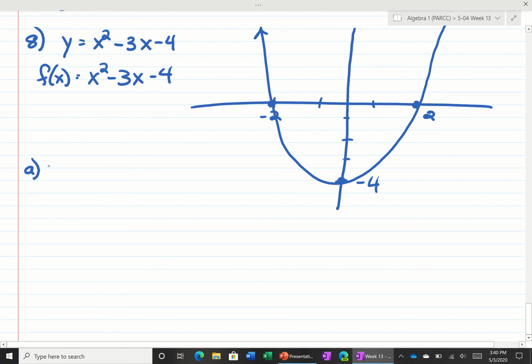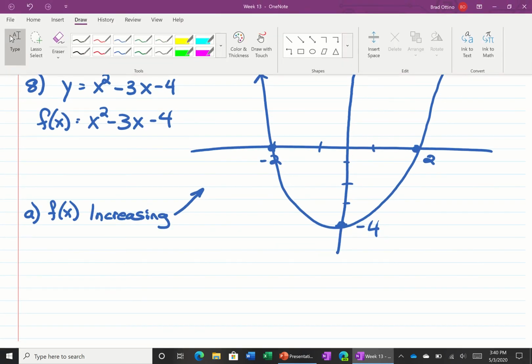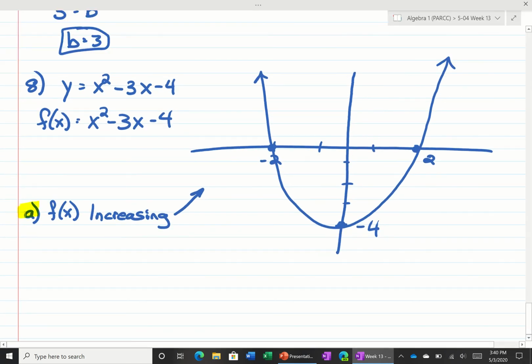For part A, it's asking us, when is f of x increasing? Well, increasing means the graph is going up from left to right. So if I trace the graph, starting right here, the graph starts going up. That's the area where the graph is going up.